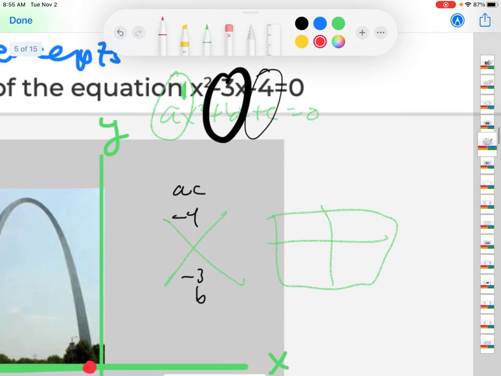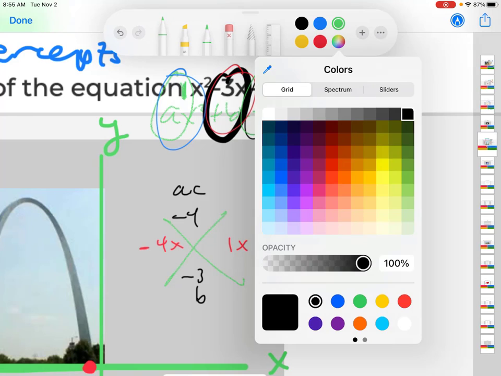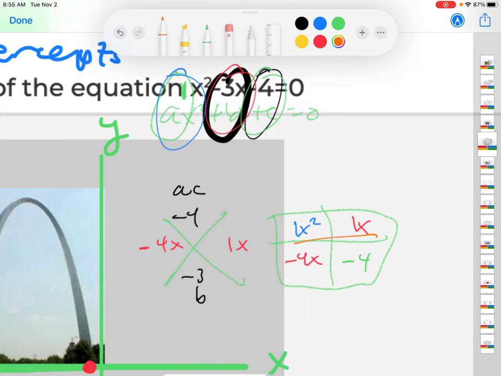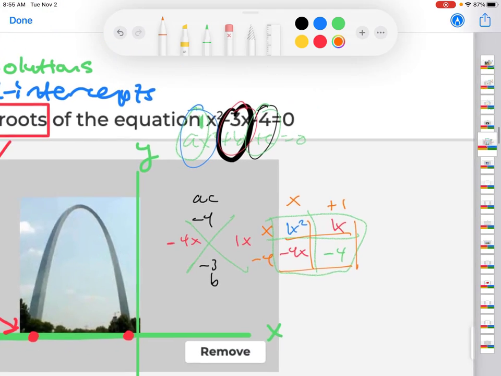My two numbers are going to be 4 and 1, and this will be a negative 4. So negative 4x, 1x, 1x squared, and that is a negative 4. And we just need to take out the greatest common factor, so that'd be x, negative 4, x. And when you think it has nothing in common, most of the time it's a plus 1. And you can multiply and check your answer.